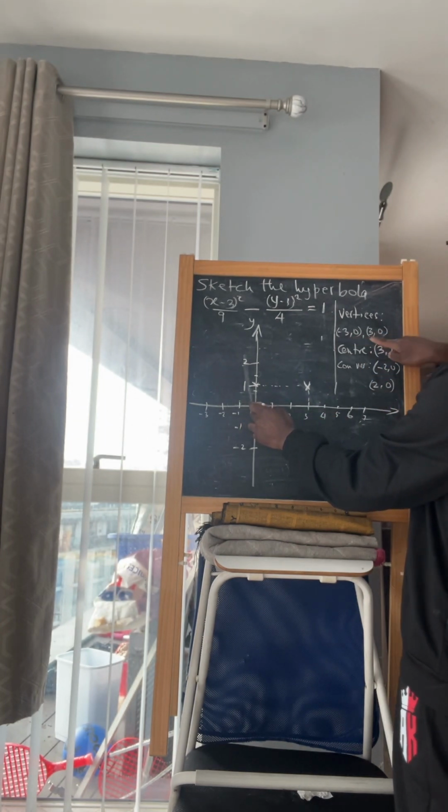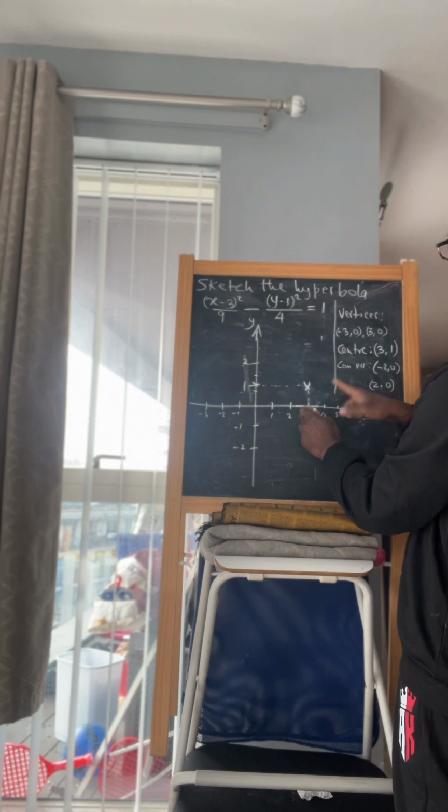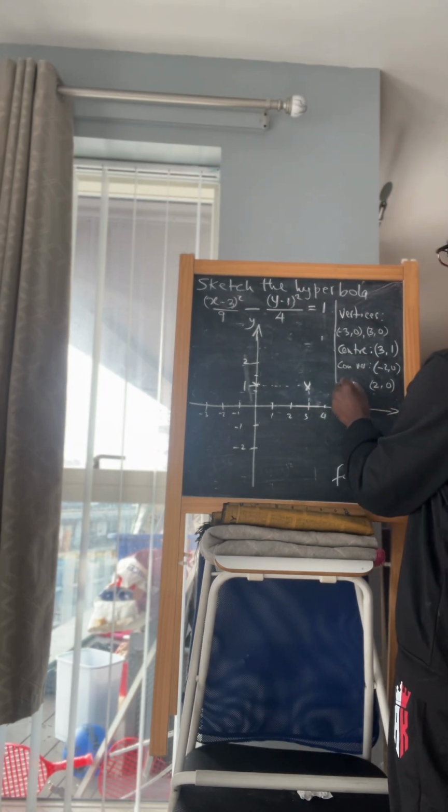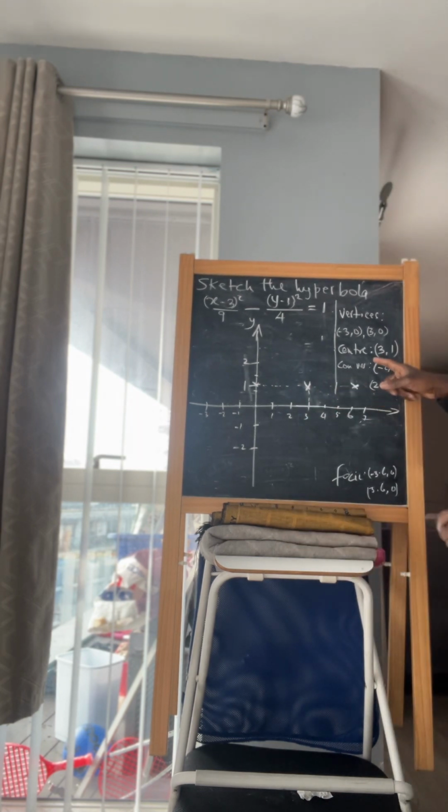And again from here, we count 3 steps towards the right, 1, 2, 3. So our other point would be here. So these are our vertices.